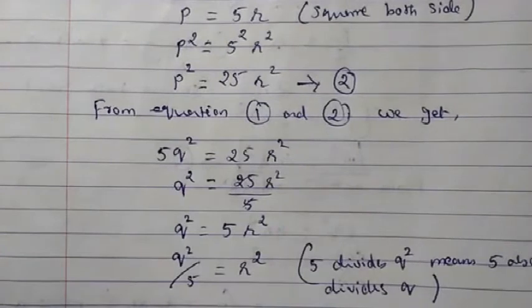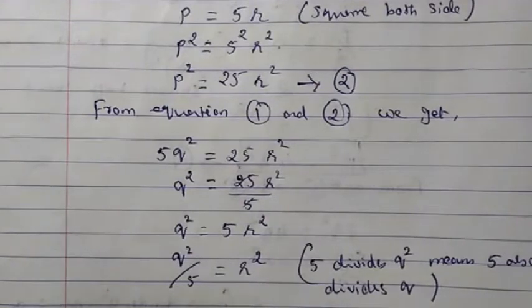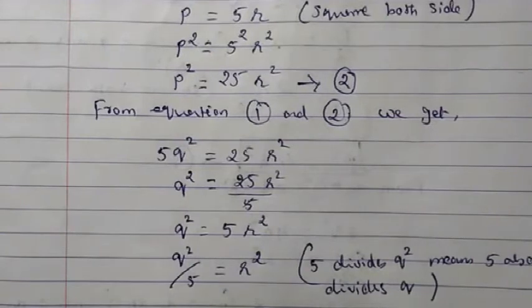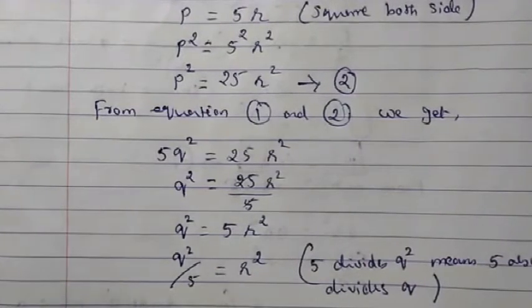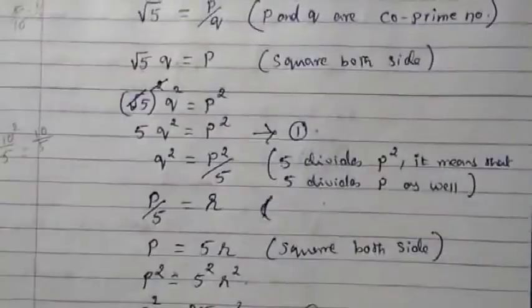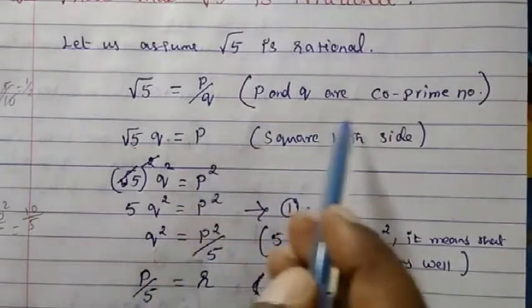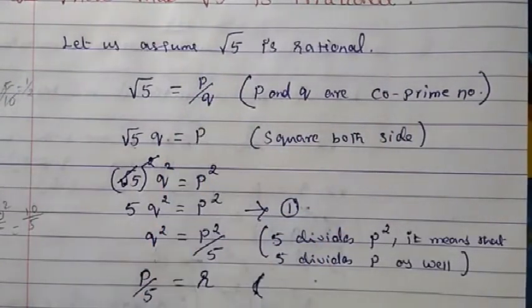What is the meaning? 5 divides both p and q, which means p and q are not co-prime numbers, because I have already told you here that p and q are co-prime numbers, which means they cannot be divided further and don't have a common factor.